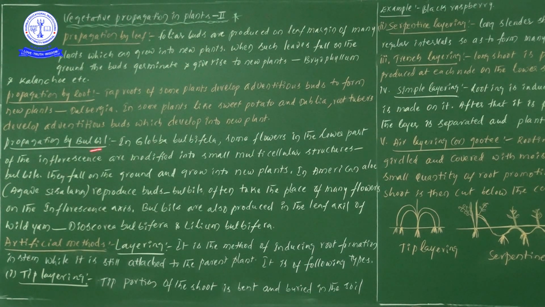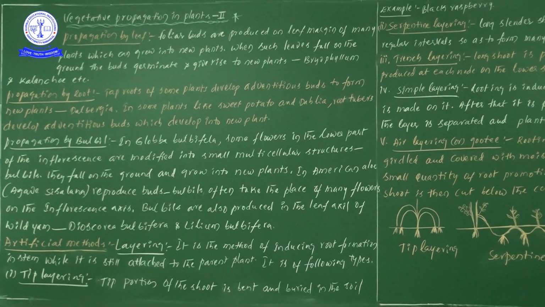In some plants, bulbil development will be there. When these multicellular structures we call bulbils fall on the ground, they definitely give rise to new plants.